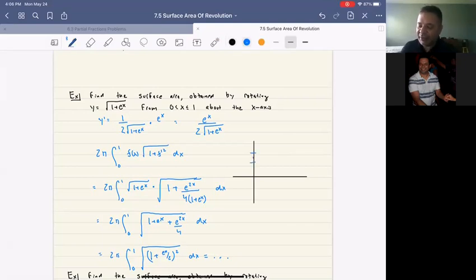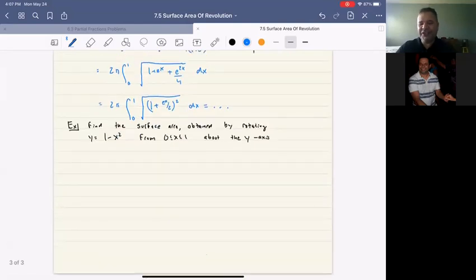When it's 1, it's going to be square root of 1 plus e. It's doing something like that, let's say. Reason I wanted to draw it was because I should draw these, just in general.